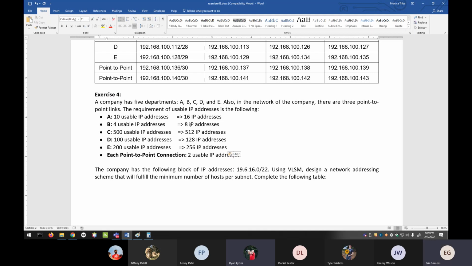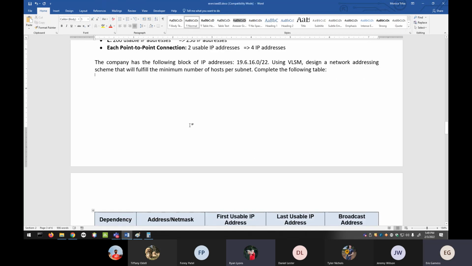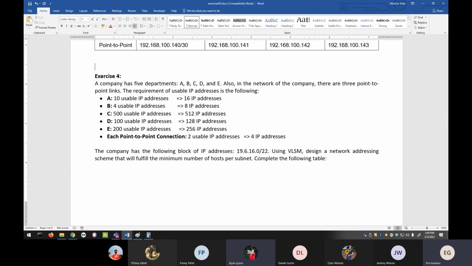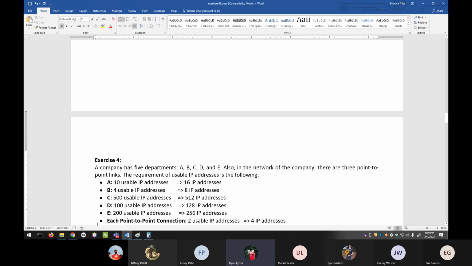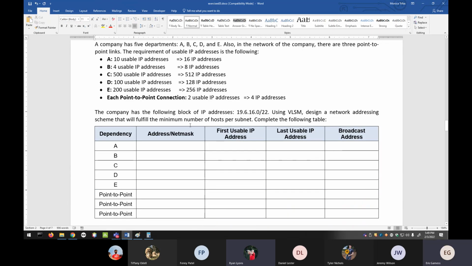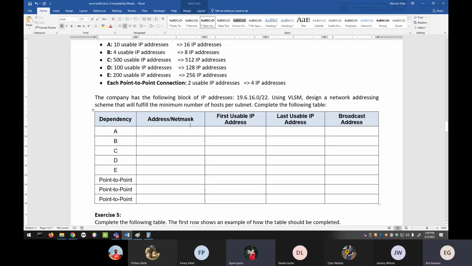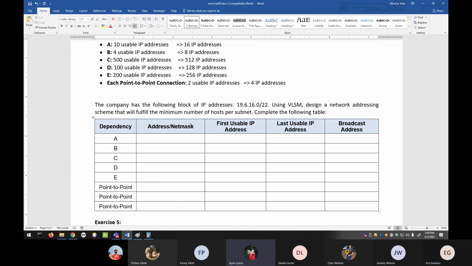And we have 3 point-to-point networks. For each point-to-point network, I need to give 4 IP addresses. So let's see if there is a solution. Let's see if we have enough IP addresses. Let me put everything in the same page. So look, my original network is 192.6.16.0/22.